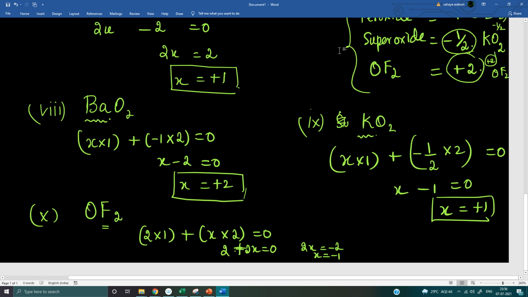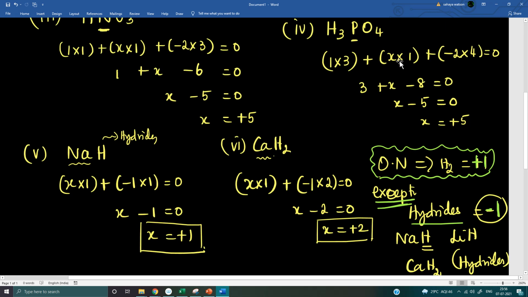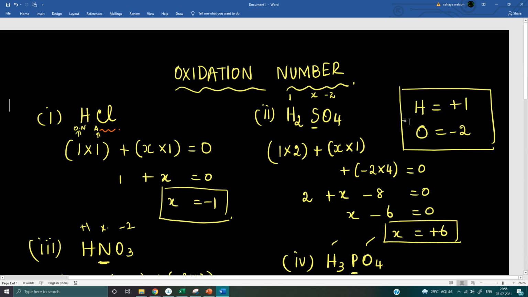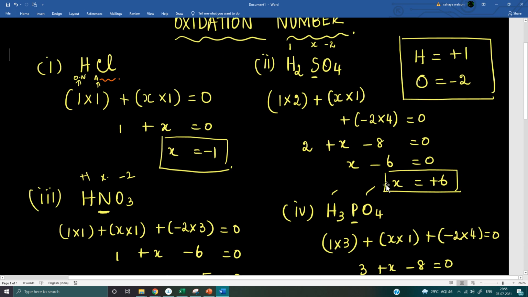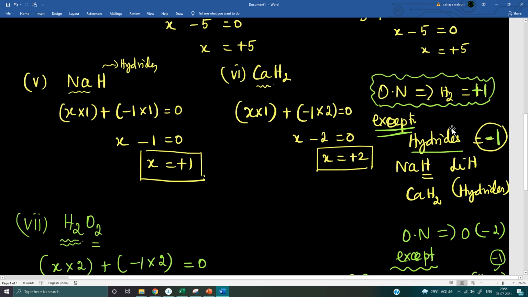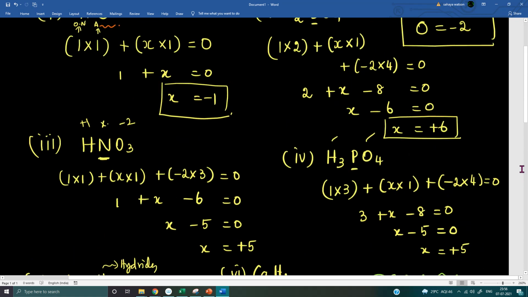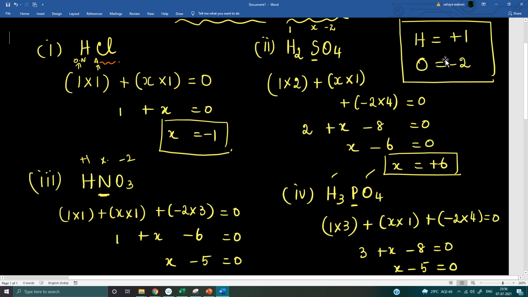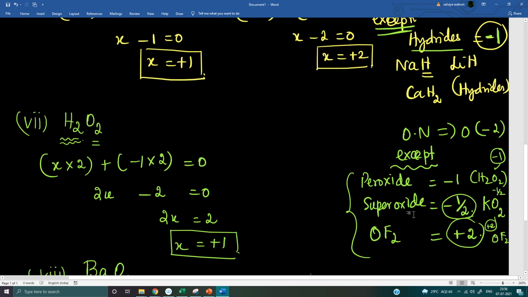So students, till now what we learnt is, in all the compounds the oxidation number of hydrogen is plus 1 except hydrides. How to identify hydrides is, the hydrogen will come at the right side. Okay, that is known as the hydrides, and it is minus 1. Whereas oxygen in all of its compounds is minus 2, and we have 3 exceptions.